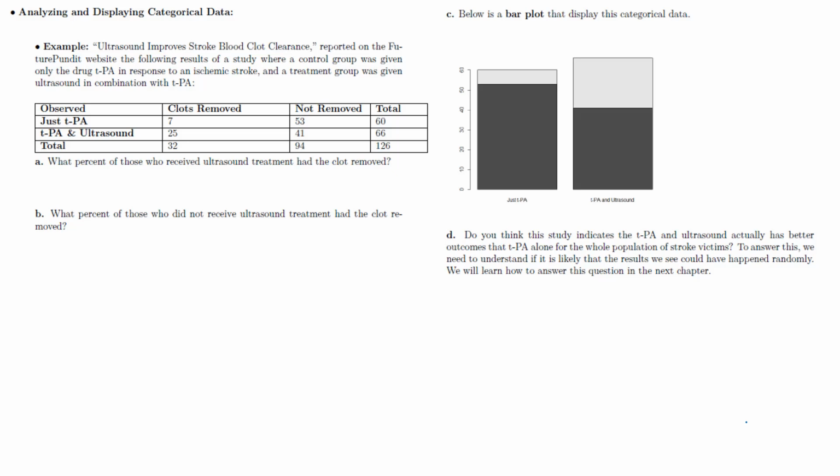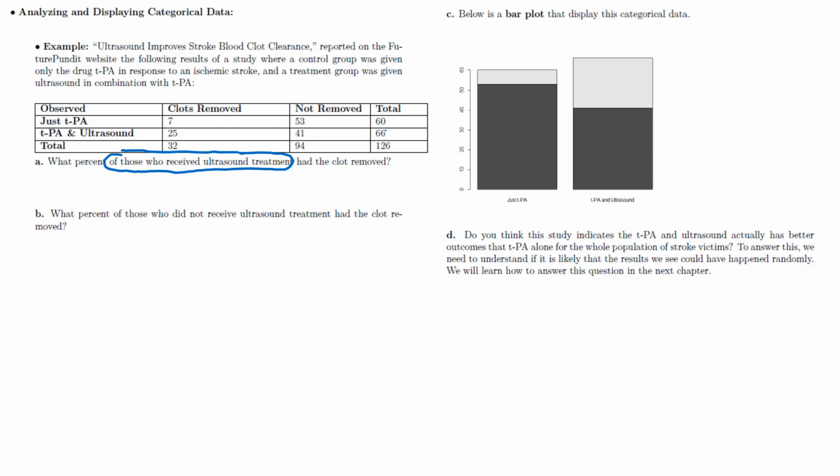So part A, it says, what percent of those who received ultrasound treatment had the clot removed? Okay, well here, what percent of what? Of those who received ultrasound treatment. So again, we've got this contingency table, and we are not necessarily trying to take a percentage from the whole group, we're trying to take it from the group who got ultrasound.